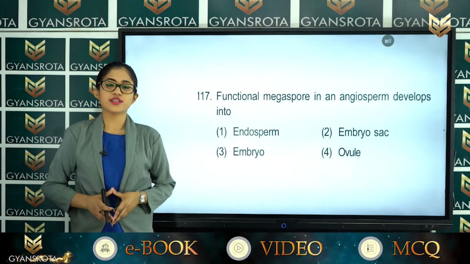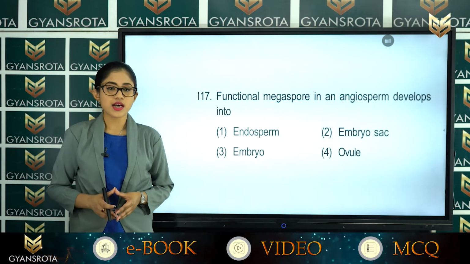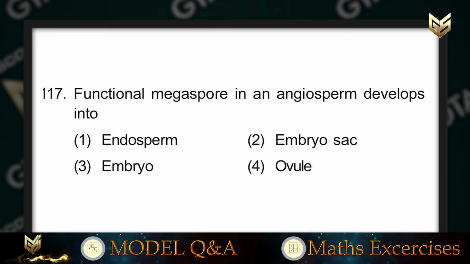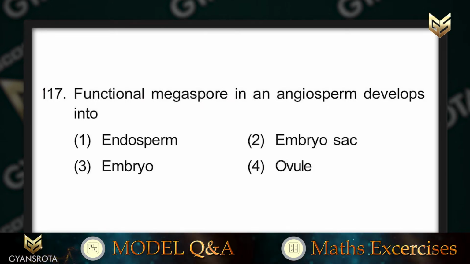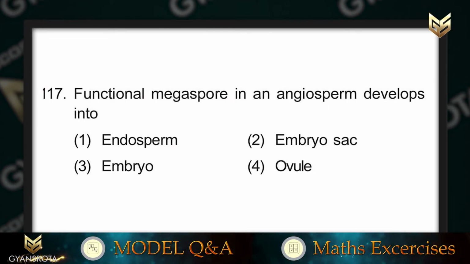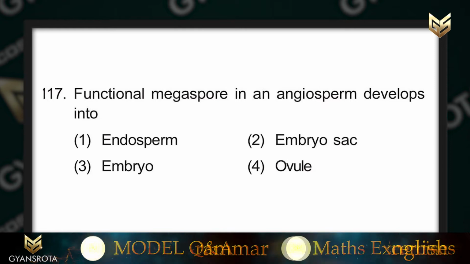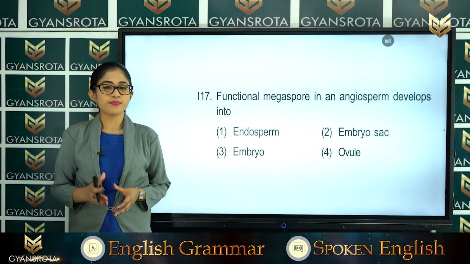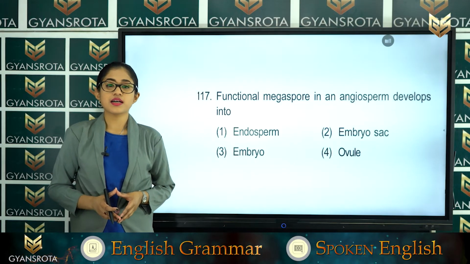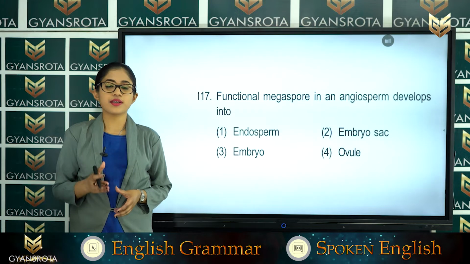Now, in the next question, that is question number 117, the functional megaspore in an angiosperm develops into endosperm, embryo sac, embryo or ovule. So, that we have discussed in Sexual Reproduction in Flowering Plants.